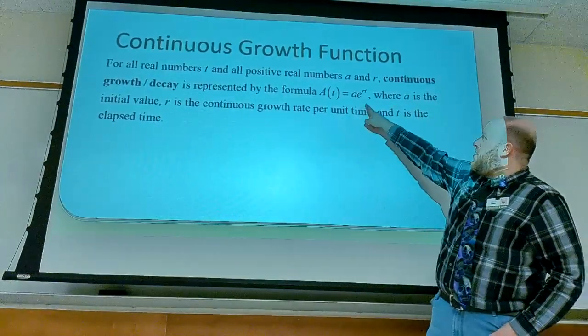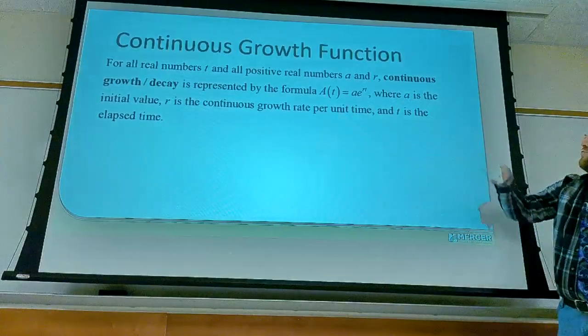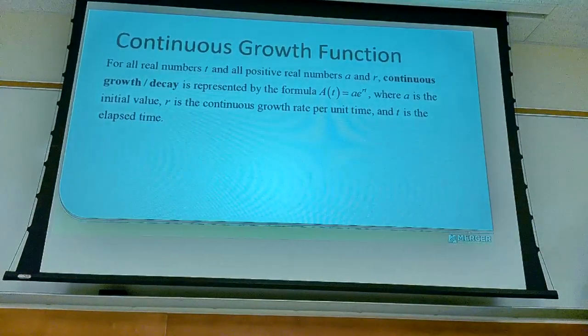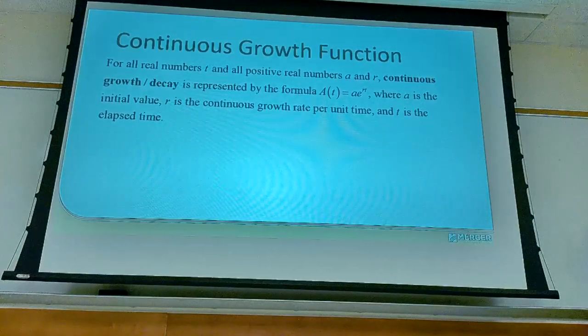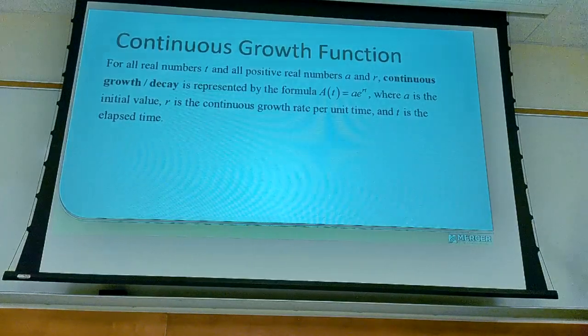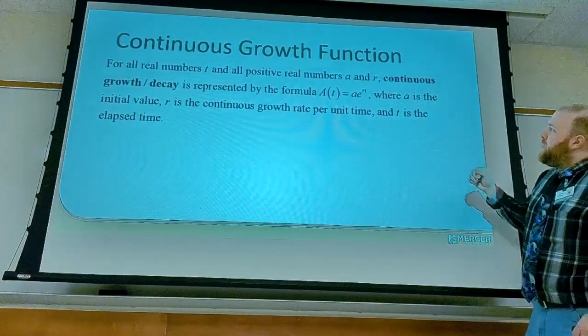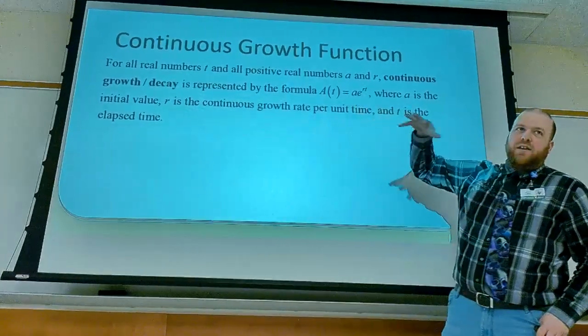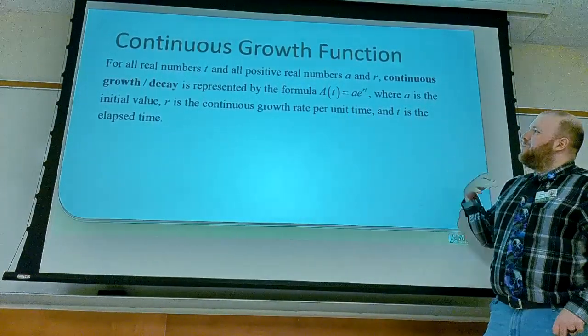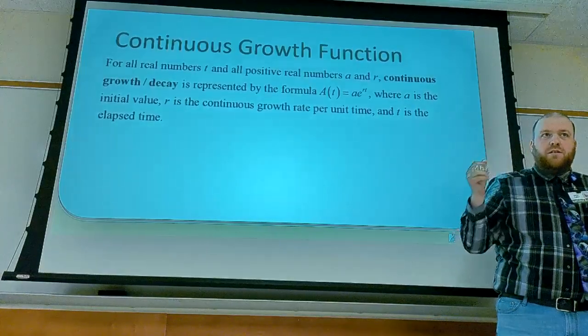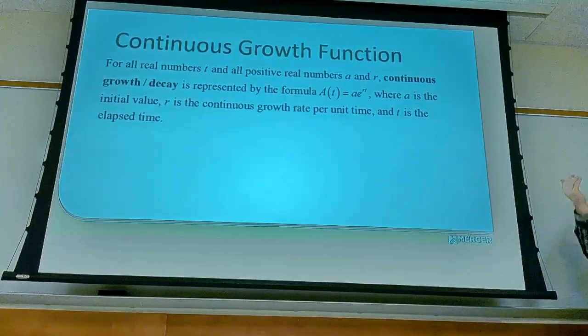It's still the same thing. R is called the growth rate, or your rate of growth or decay. So if you have a negative R, it would be a decay. So if your R value is negative, let's say it's negative 0.25, that's a 25% decay rate.